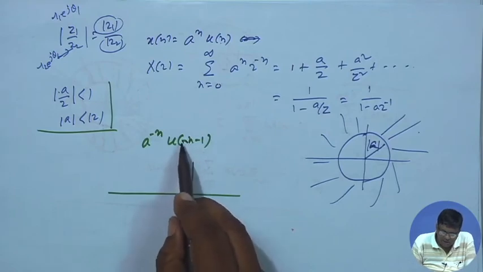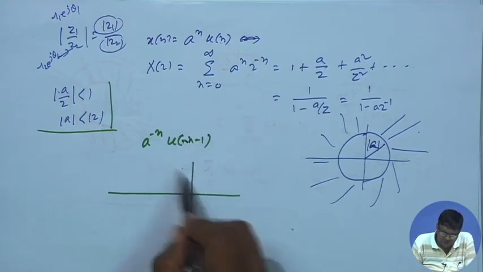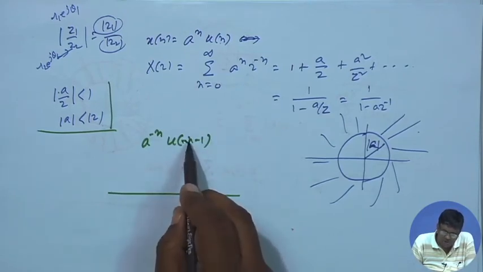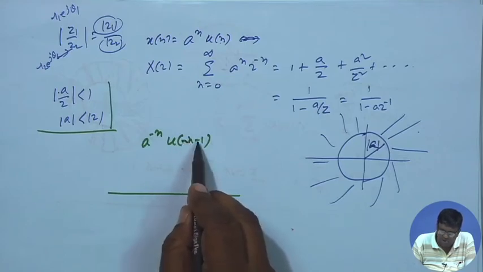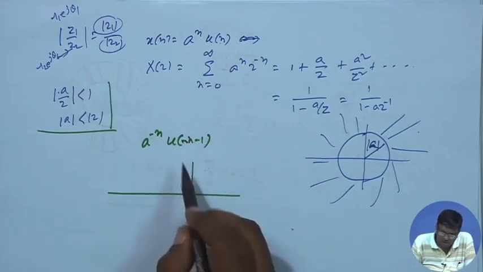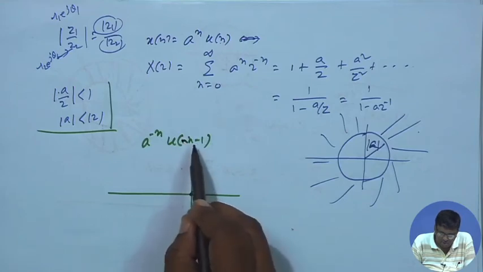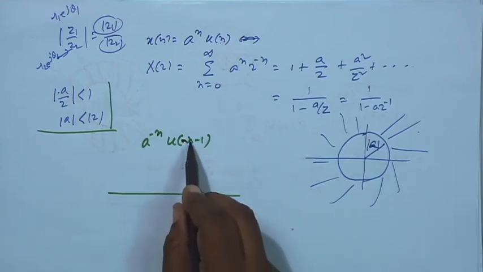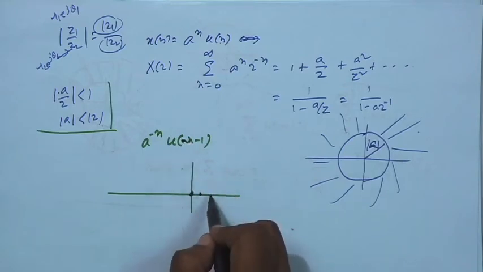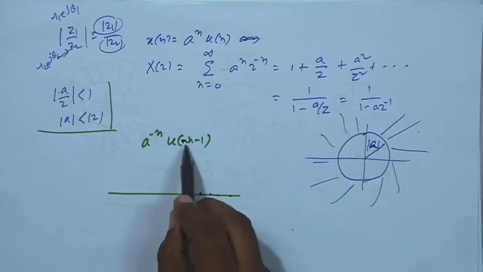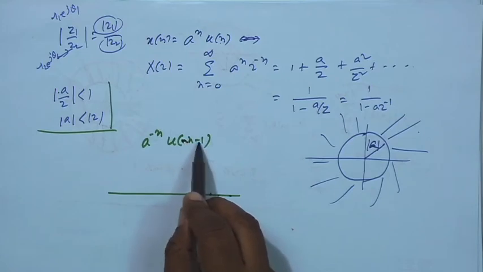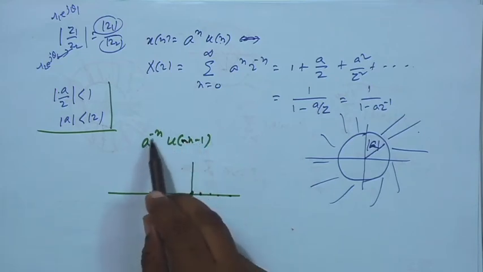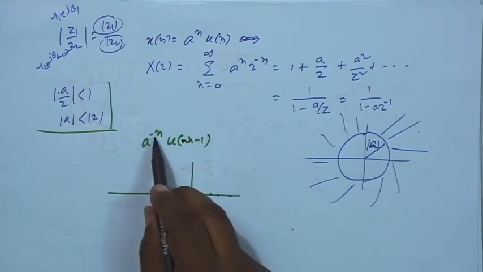At n equal to 0, it is u[minus 1], value is 0. At n equal to 1, u[minus 2], u[minus 2] is 0. N equal to 2, u[minus 3], 0. At n equal to minus 1, minus minus plus, 1 minus 1, 0, u[0] is 1, a to the power plus 1, because n is minus 1.